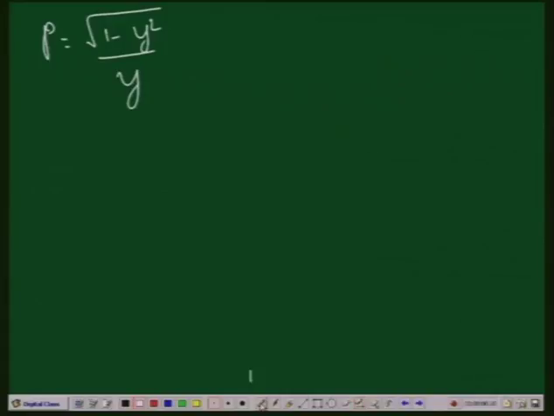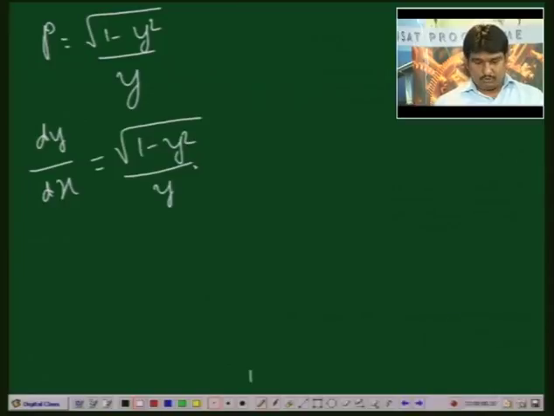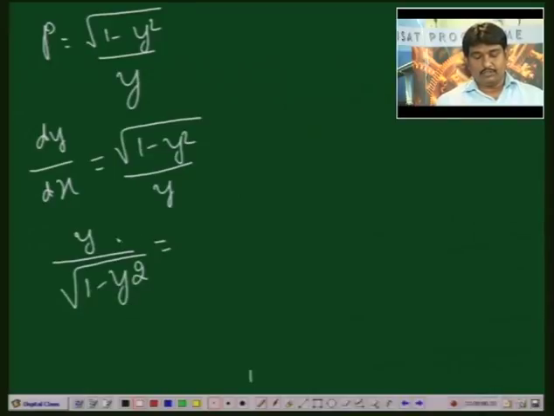Now, p is what? dy by dx. dy by dx equals root of 1 minus y square divided by y. Apply the method of separation of variables. You can write this as y into root of 1 minus y square into dy equals dx.